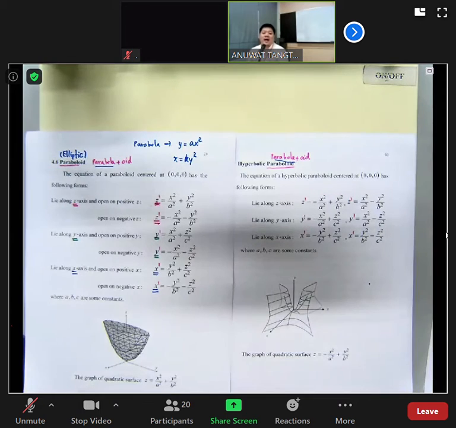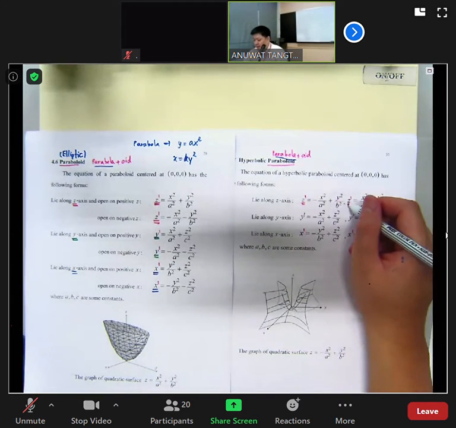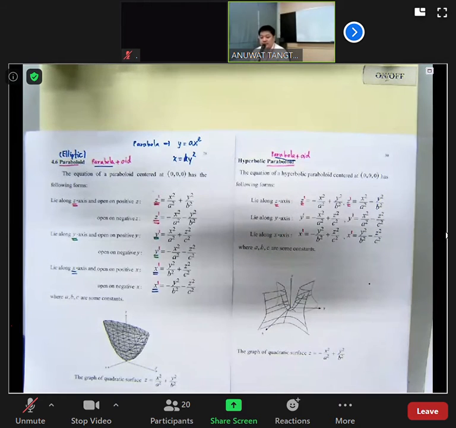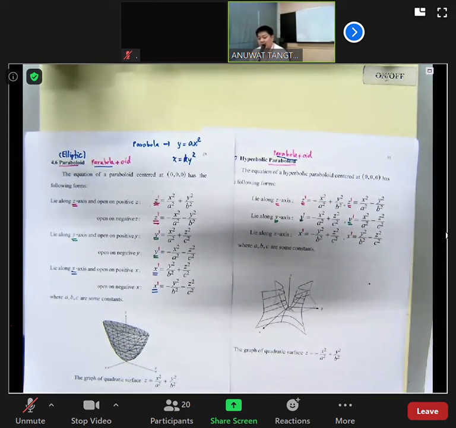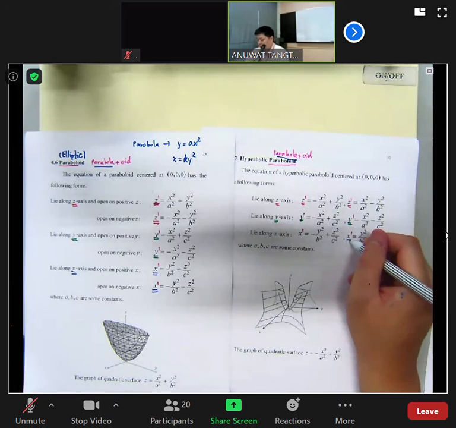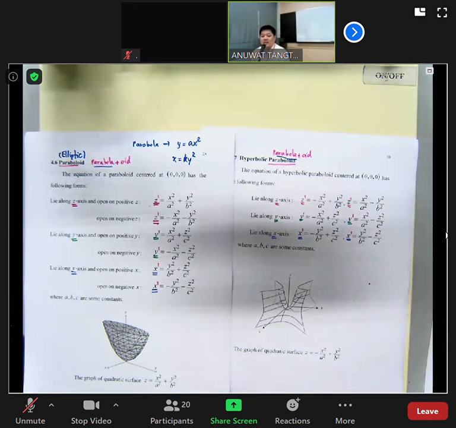So it would lie along the axis of the variable with exponent 1. Similarly for the hyperbolic paraboloid, we can say the same thing. With z to the exponent 1, it lies along the z-axis. With y to the exponent 1, we can call it lying along the y-axis. And lastly, x to the exponent 1 can be called lying along the x-axis.